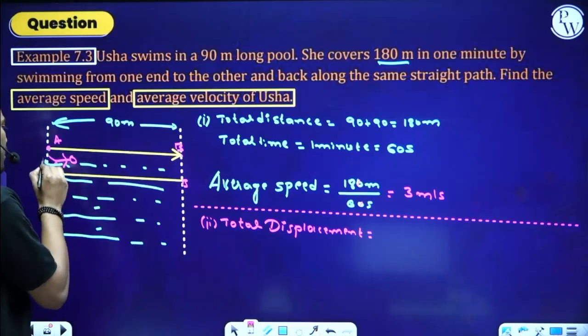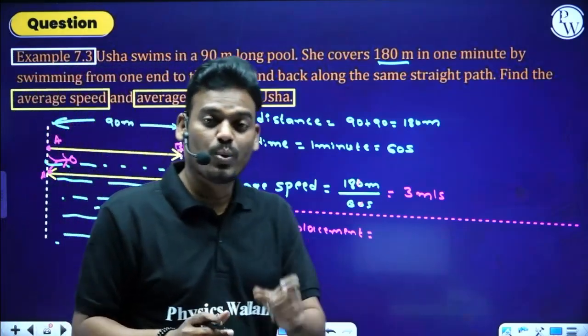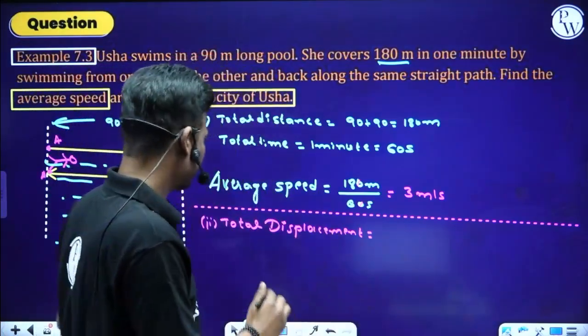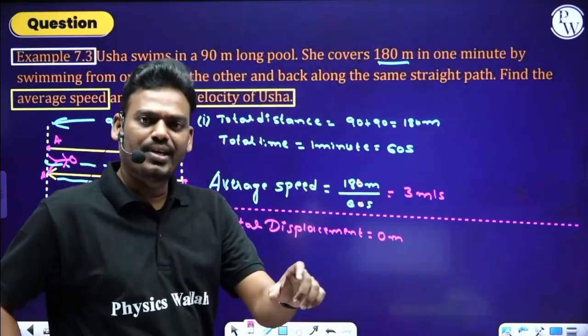So that means initial and final position is the same, right? What is the shortest distance between initial and final position? That is 0. Displacement is 0 meter. Why? The initial and final position is the same.